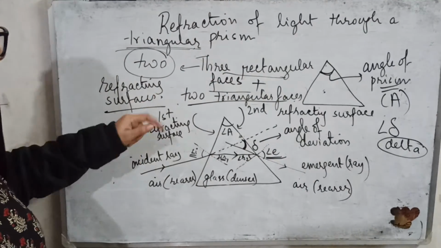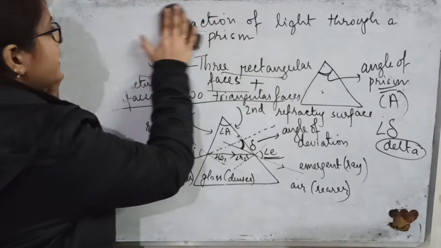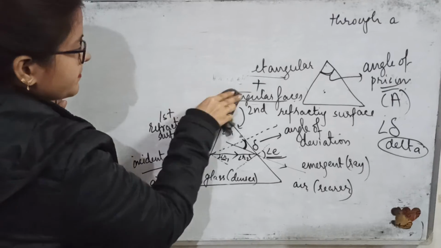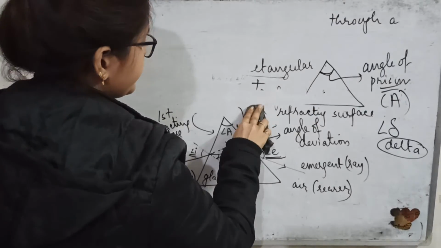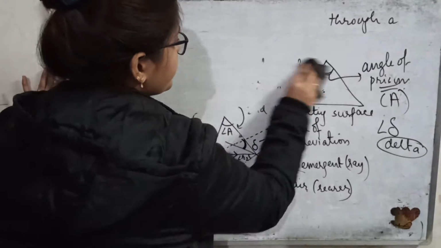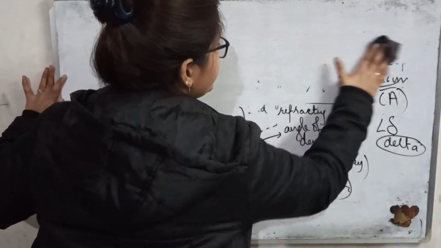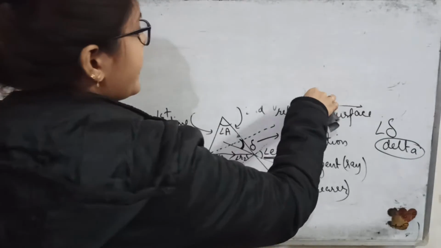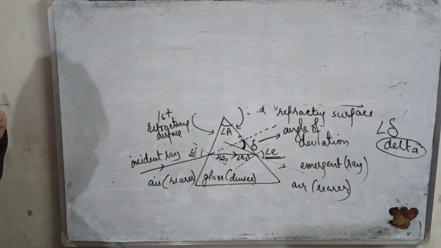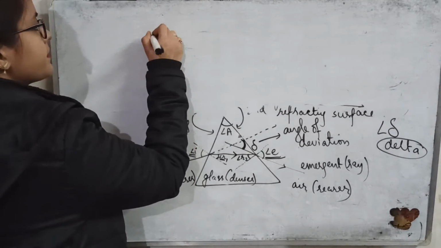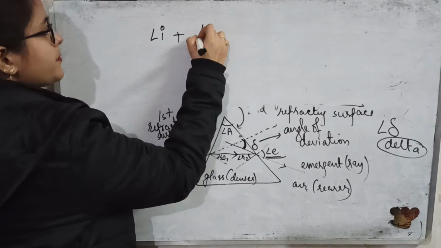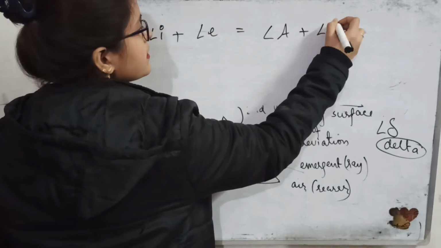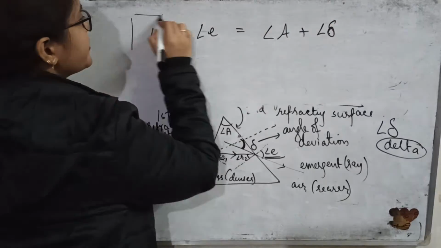Now, there is a relationship between the angle of incidence, the angle of emergence, the angle of the prism, and the angle of deviation. That is, angle of incidence plus angle of emergence is equal to angle of the prism plus the angle of deviation.